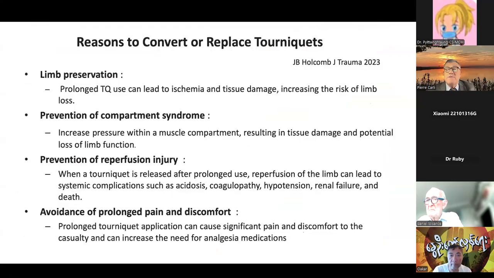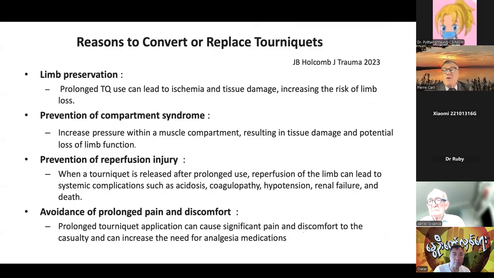dangerous for the limbs. So the aim of reassessing the tourniquet, or changing the place, or replacing it by another means of hemorrhage control, is really important to preserve the limb, because prolonged tourniquet use creates a lot of ischemia and increases the loss of the limb. To prevent compartment syndrome, meaning ischemia will develop a lot of pressure, and that's also very difficult to treat surgically.